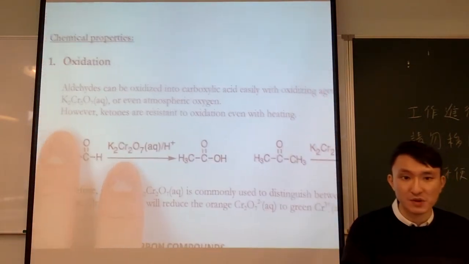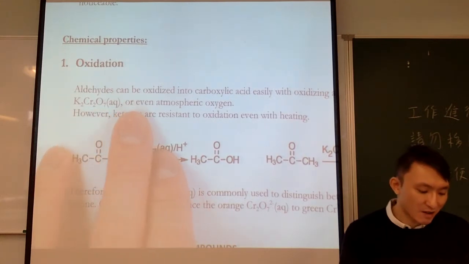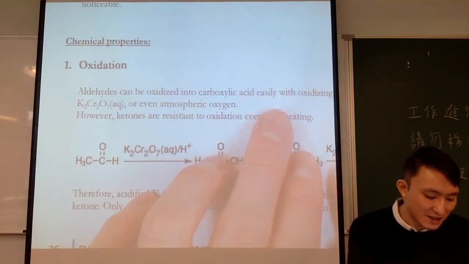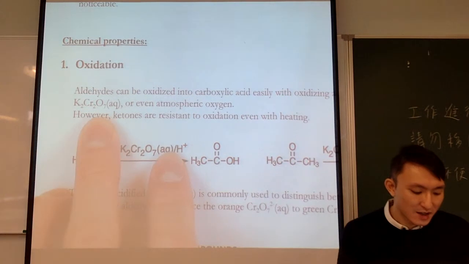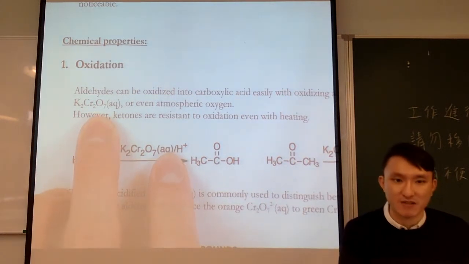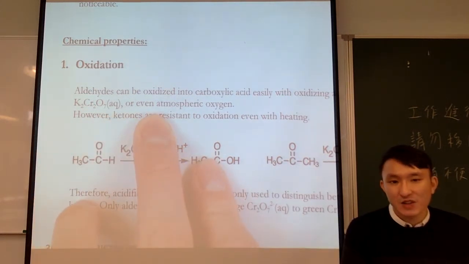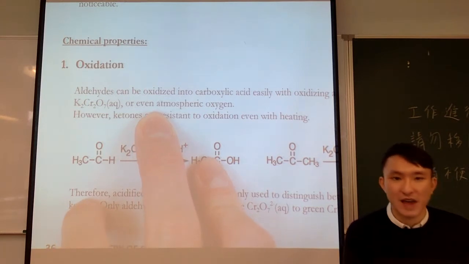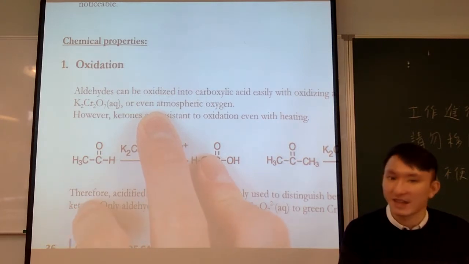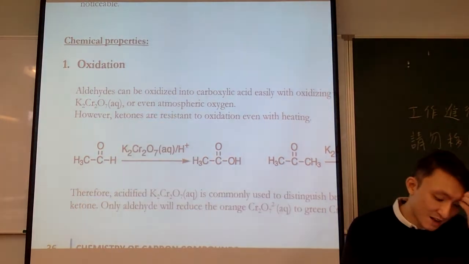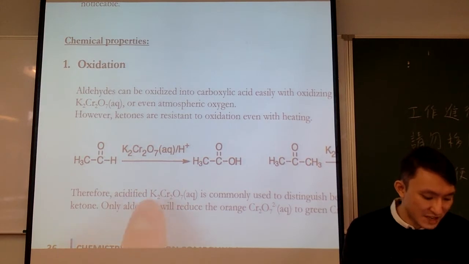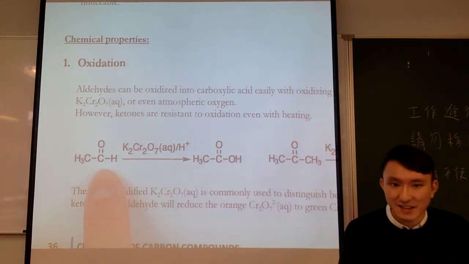Over here, we say that aldehyde can be oxidized to carboxylic acid easily by an oxidizing agent, such as acidified potassium dichromate solution. And actually, if your aldehyde is exposed to air long enough, even atmospheric oxygen is able to oxidize the aldehyde to carboxylic acid to a certain extent. So here you see, this is ethanal.